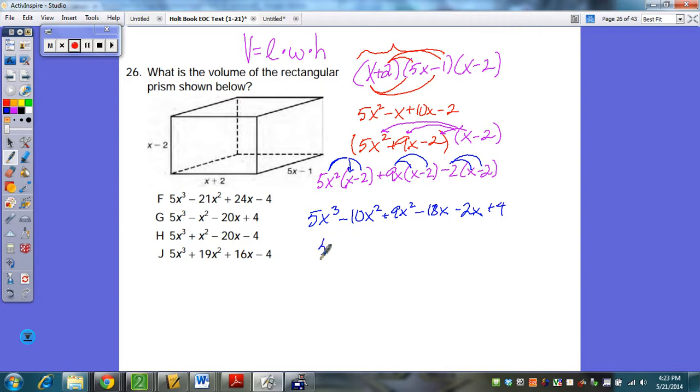We'll combine our like terms. We have 5x cubed. Negative 10x squared plus 9x squared is negative 1x squared. Negative 18x minus 2x is negative 20x plus 4. And we have our answer, G.